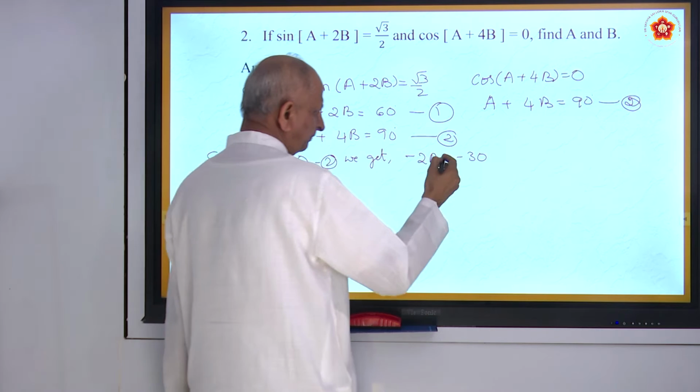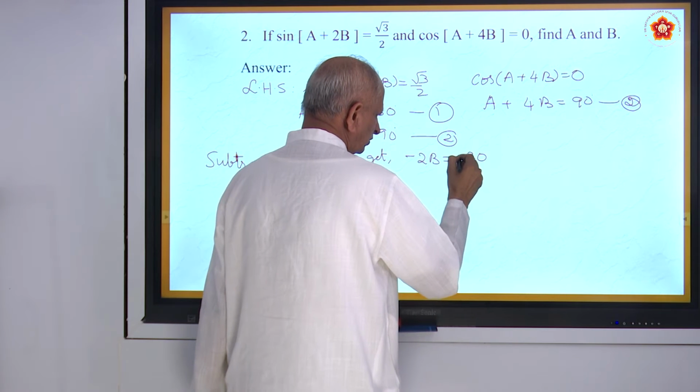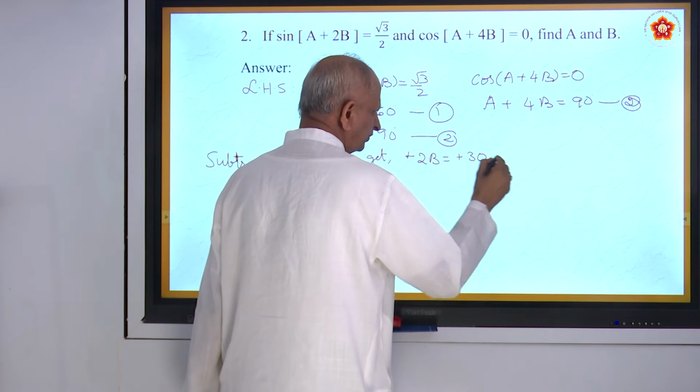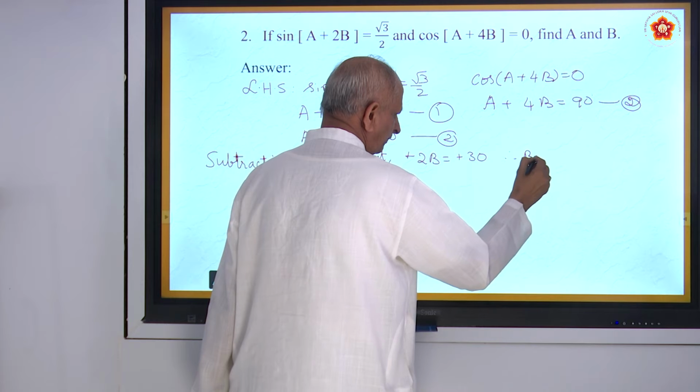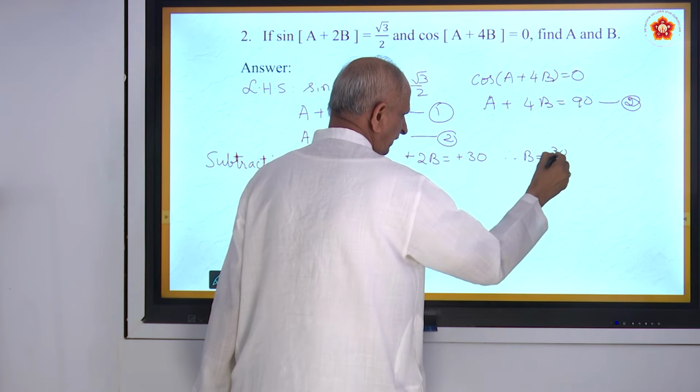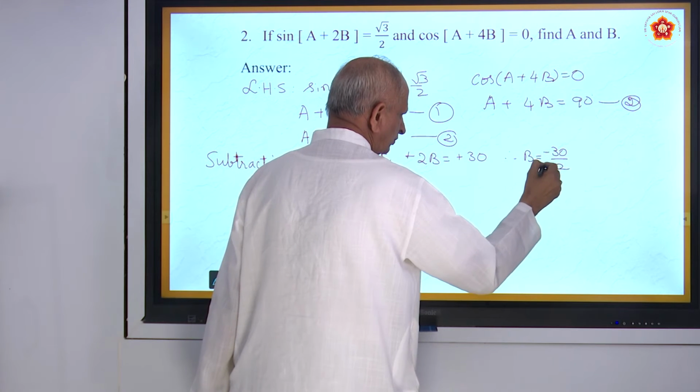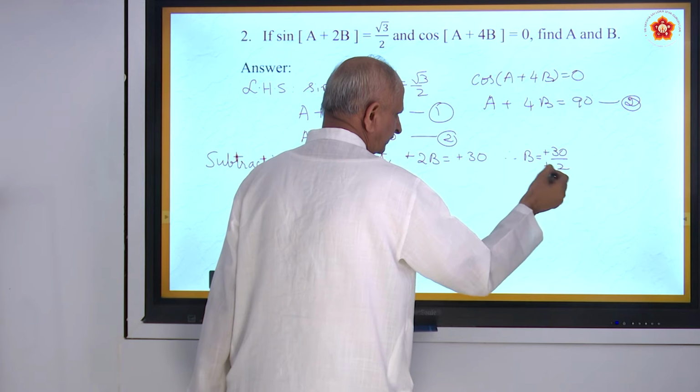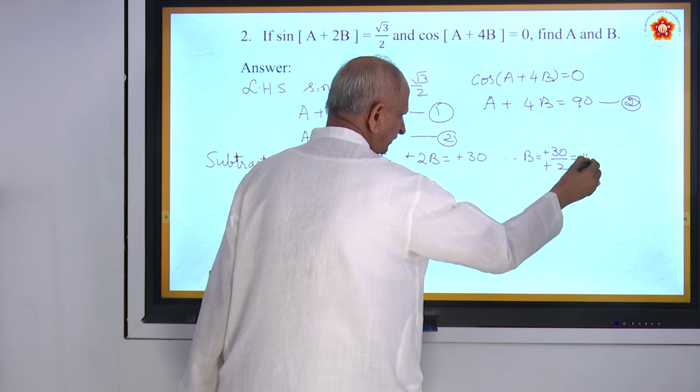Is it not? Make both positive. So positive. Therefore, b is equal to 30 by 2. It was minus, became plus. That is 15 degrees.